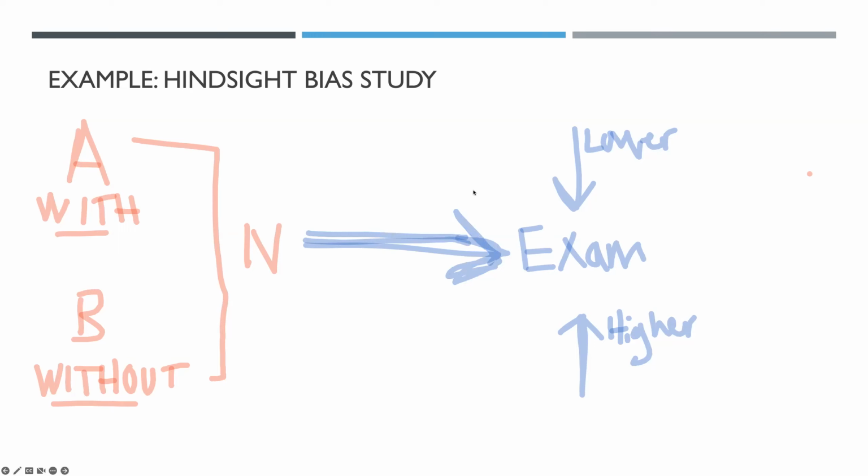And this hindsight bias, the way that this comes together is that for hindsight bias, we think that having the answers ahead of time, or knowing the answers, is going to reduce our ability to recognize what we actually know. So if I gave you a study guide without answers, you have to go and look for it. You have to really identify whether or not you know the answer to that.